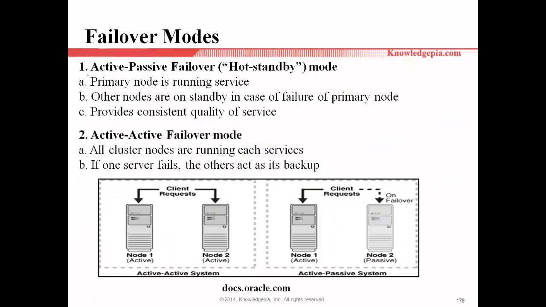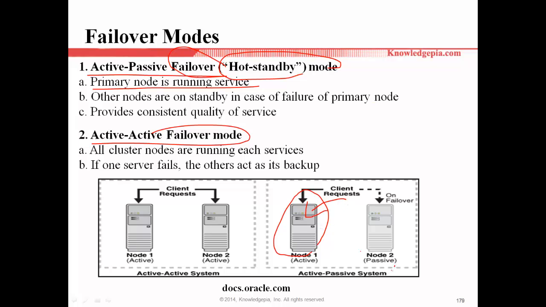Failover mode. Failover supports two kinds of mode: active-passive failover, which we normally call hot standby, and active-active mode. In active-passive mode, the primary node is running the service. For example, this one is the primary node running the service, and this is a failover node, which is passive.